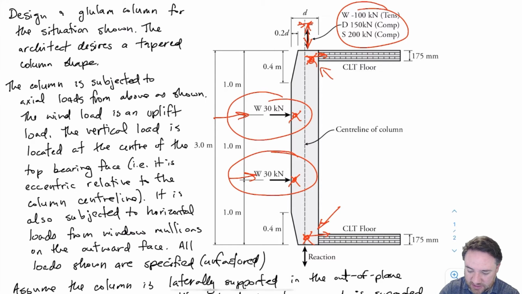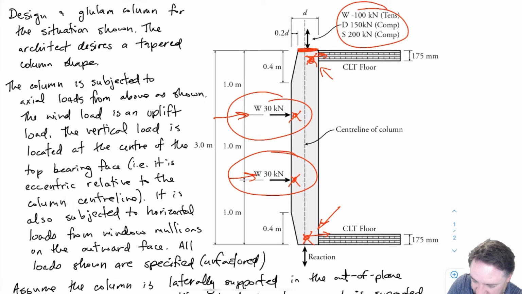So basically what I'm saying in this description is that the load that is being carried from above, and just on the above side and not on the below side, is located at the center of this top face.